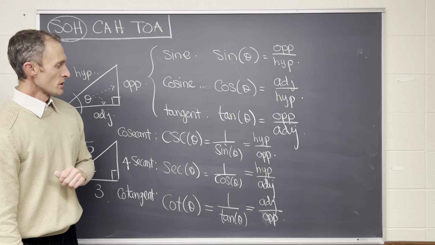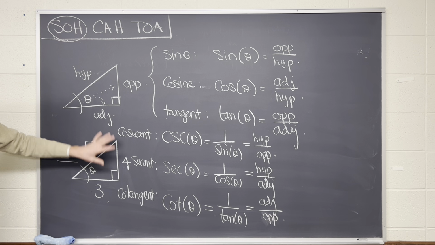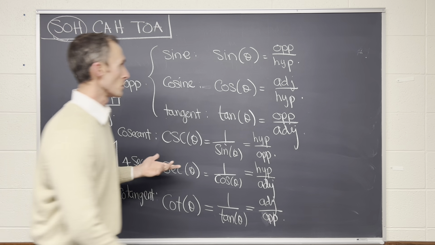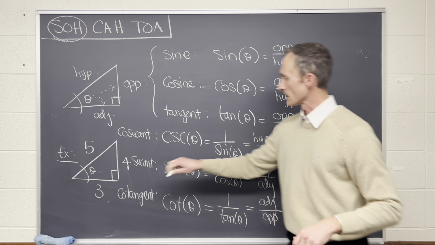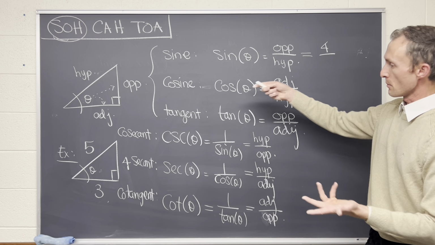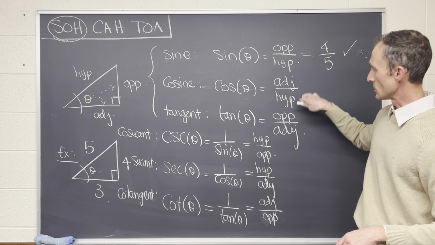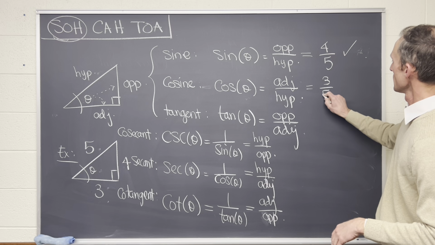Okay? So if I wanted to use this as my example, for 3, 4, 5, then I say, what is the sine of theta? Well, I go over here and I find theta, I go to the opposite, that's 4, and I divide by the hypotenuse, which is 5. Done. Okay? Cosine is the adjacent, so adjacent is 3 over the hypotenuse, so this is 3/5.